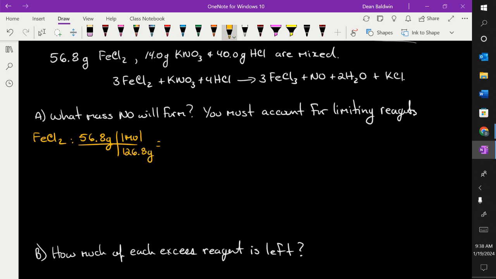So that gives us 0.448 moles of iron chloride. And then you do the same thing for potassium nitrate. And HCl.